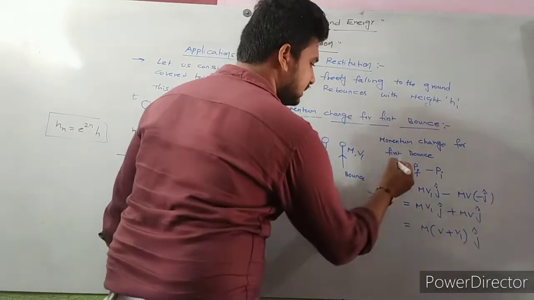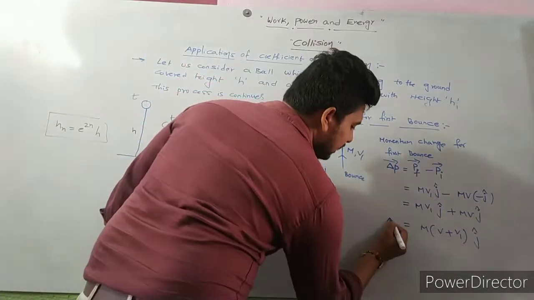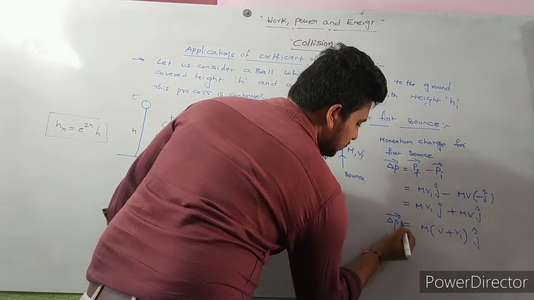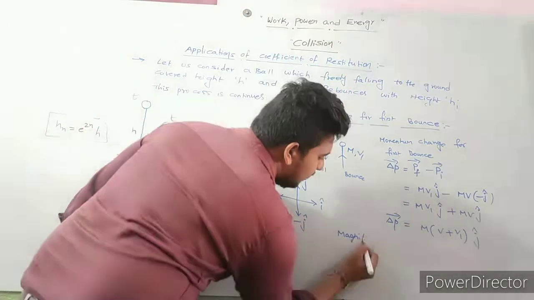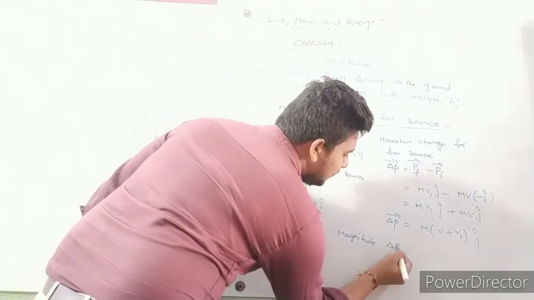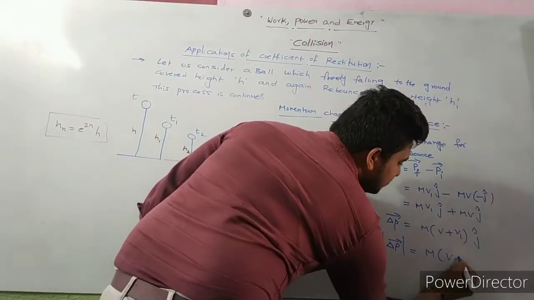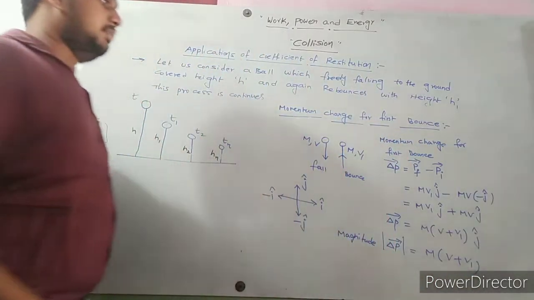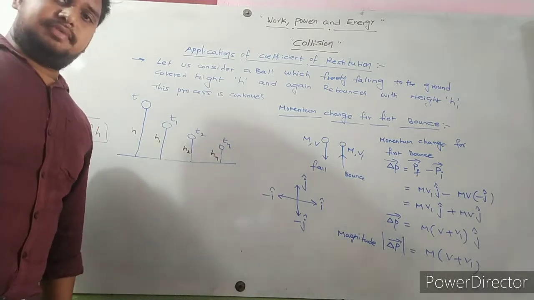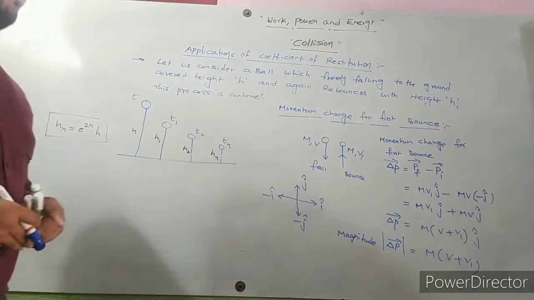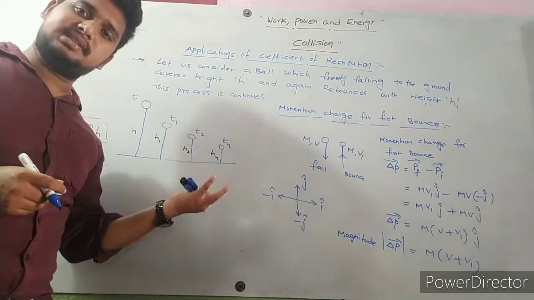So this is delta P bar, Pf bar minus Pi bar. The magnitude of delta P bar we got is m into (v plus v1). So this is very important: the momentum change for the first bounce.